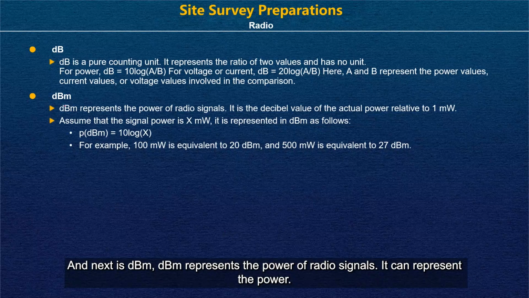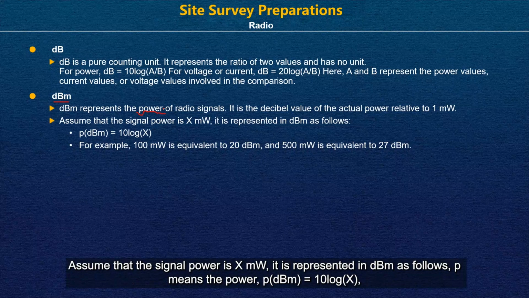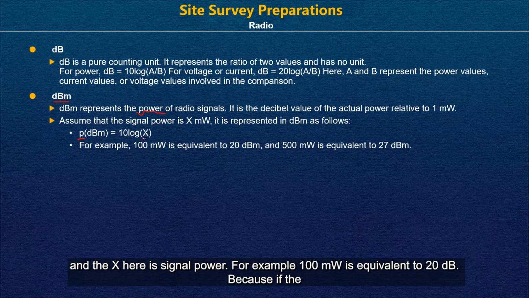And next is dBm. dBm represents the power of radio signals. It is the decibel value of the actual power relative to 1 milliwatt. Assume that the signal power is X milliwatts. It is represented in dBm as follows: P equals 10 log X, where X is the signal power.